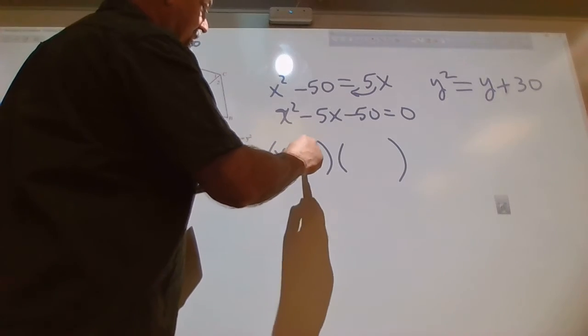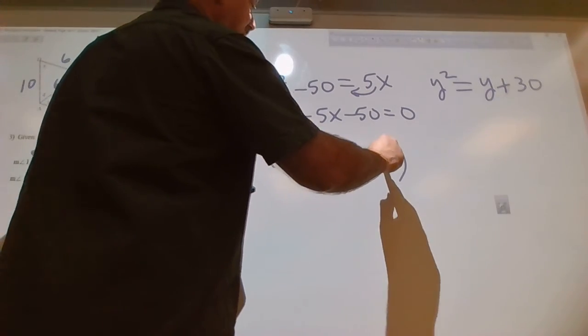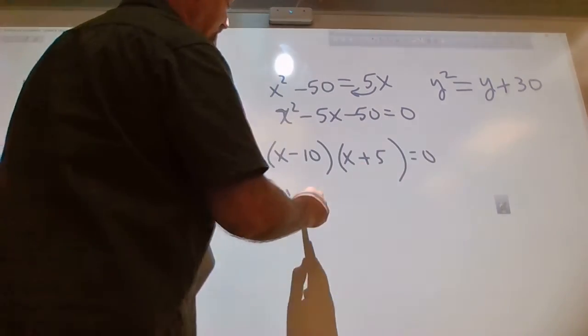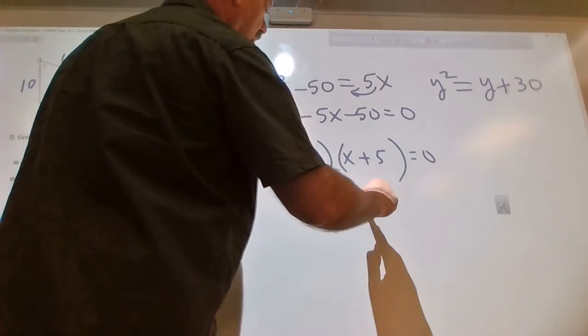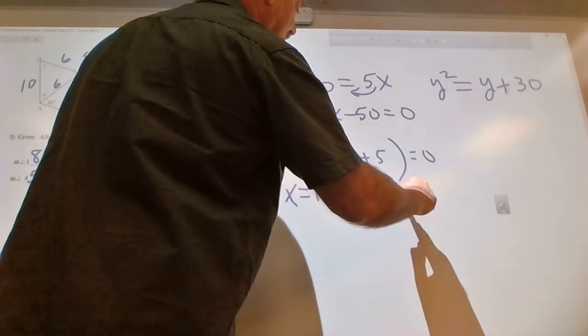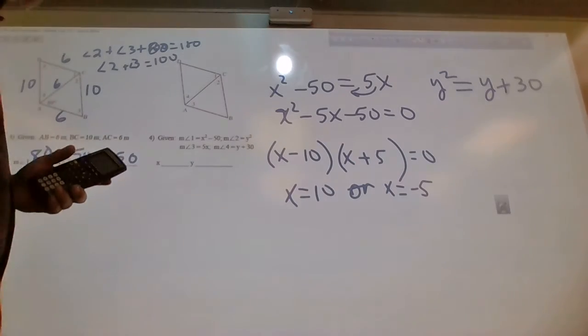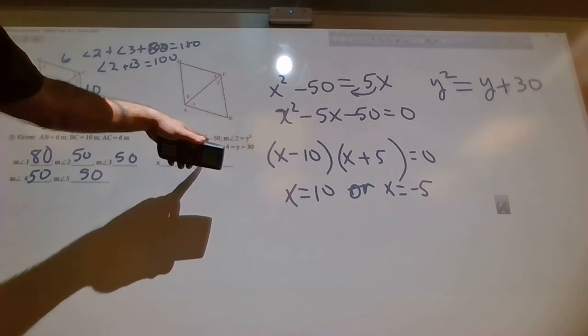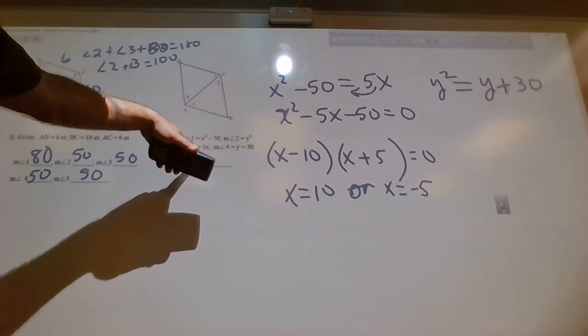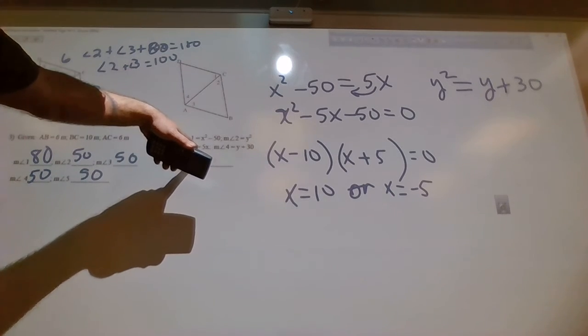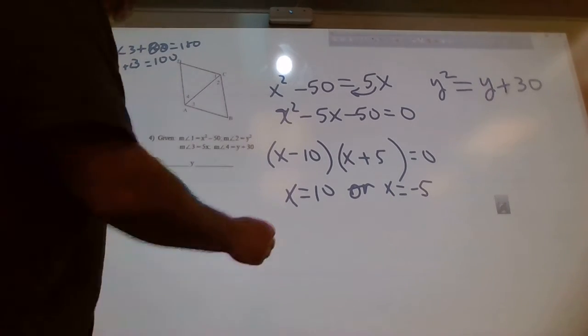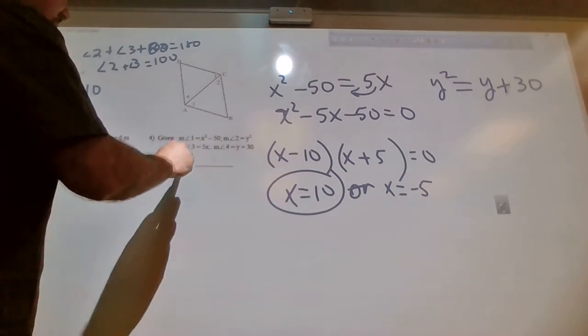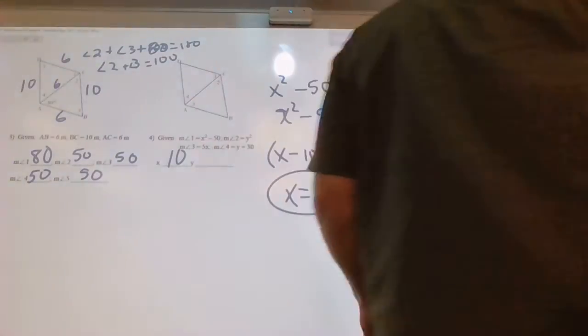So we say x minus 10, x plus 5 equals 0. So x equals 10, or x equals -5. Can x equal -5? Let's see. That would make angle 3 into a negative number, so it's only 10. So x is 10.